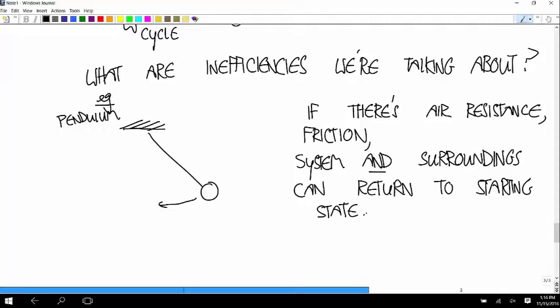Like you could put a little motor in here, or do something with your hands. But if you, with your hand, return it to its starting state, you're a little bit hungrier after that. You've burned up a little bit of energy doing that. You know what I mean? And so this idea of the system being able to return to its starting state is kind of a way to think of these inefficiencies.